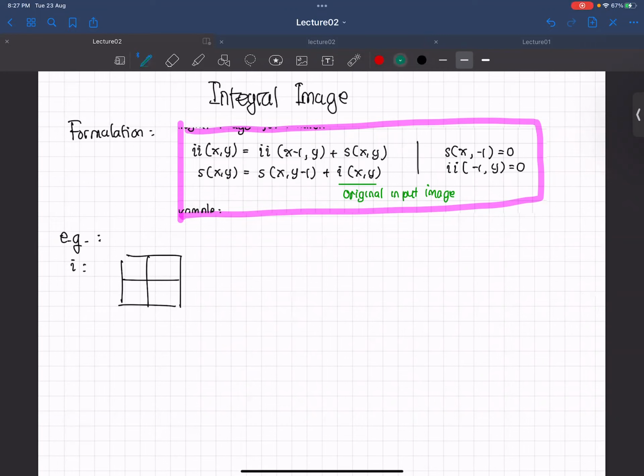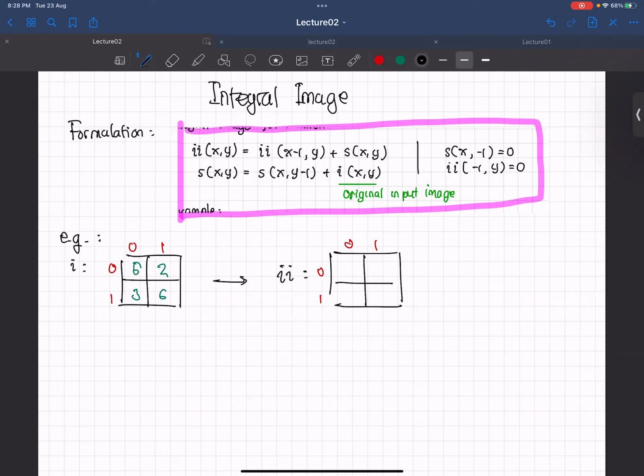Let's have 5, 3, 2, 6. And the index here is 0, 1, 0, 1. The goal is, from this input image I, we want to compute II, the integral image. This one also has 2 by 2, and the index is the same, 0, 1, 0, 1.